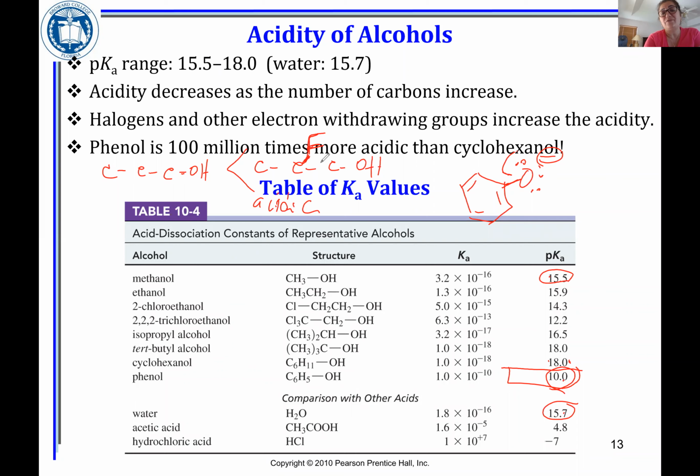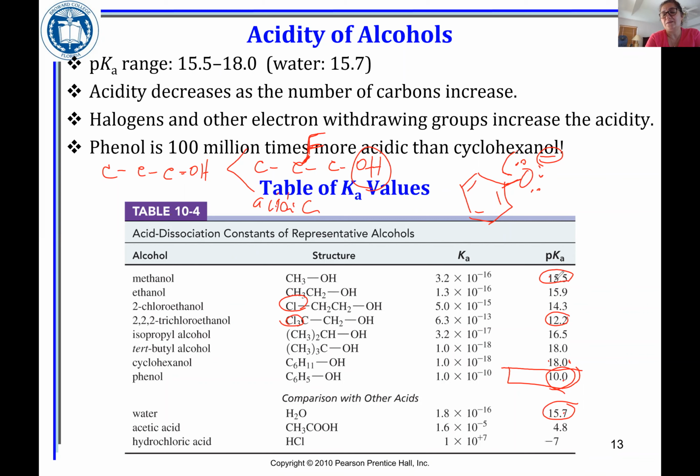So first of all, you have to have the ionizable hydrogen, meaning you have to have the OH, and then if you add an electron withdrawing group, it's going to be a lot more acidic. If you compare 1 chlorine with 3 chlorines attached, it changes by 100 times more acidic.